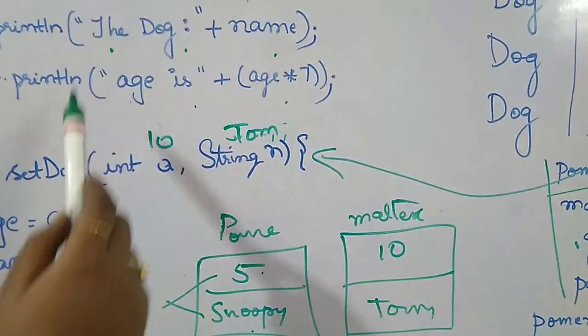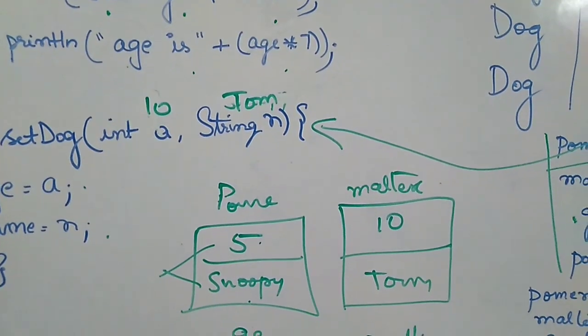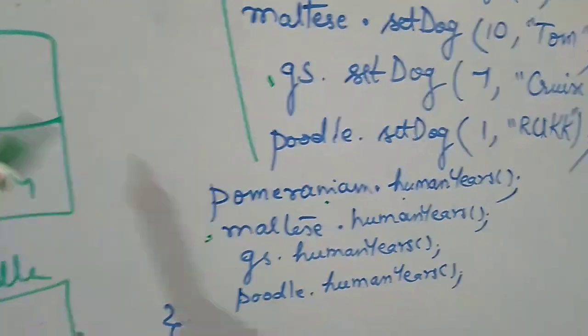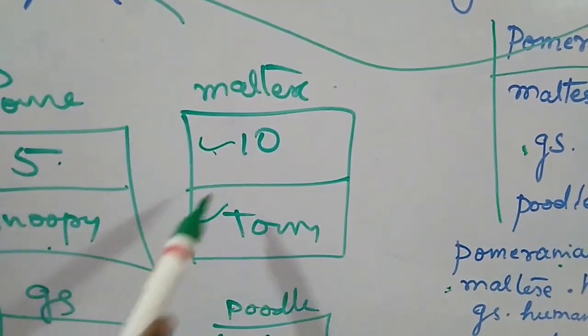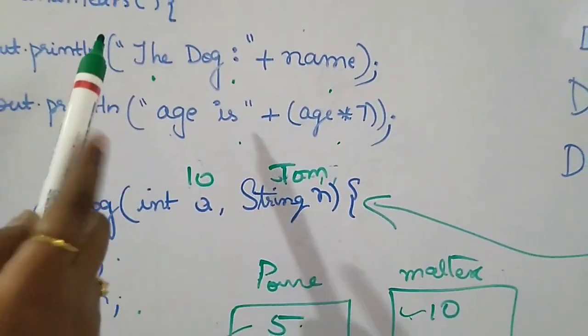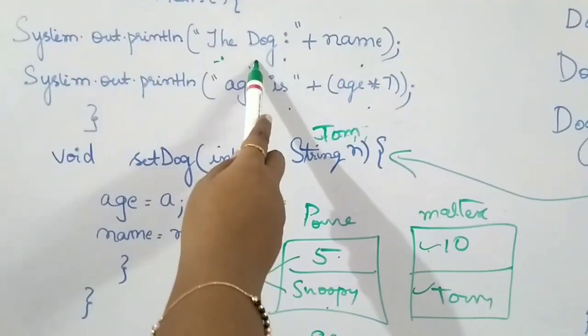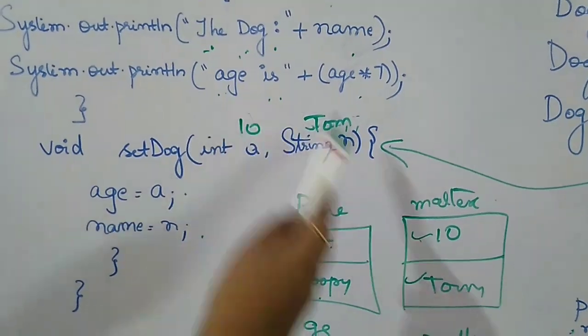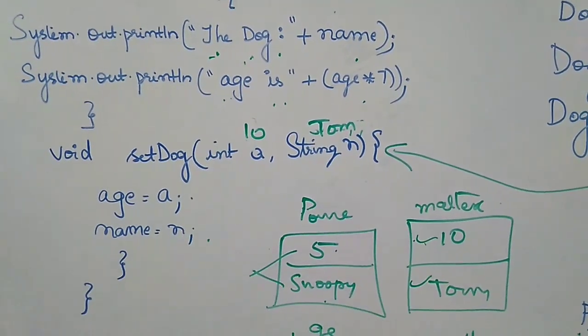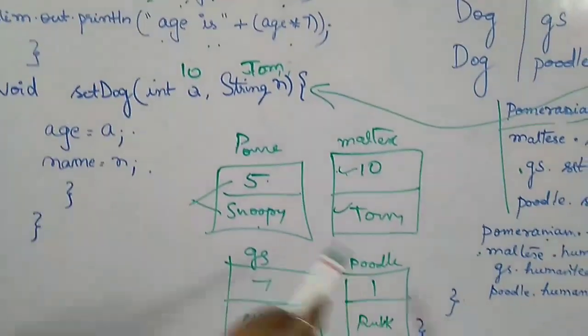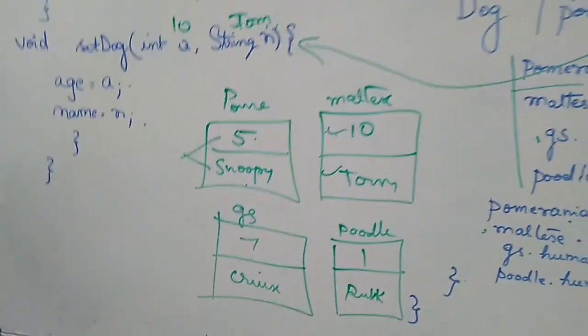Then we have called it on Maltese, so Maltese.humanYears. Now these 2 values will be taken into consideration, so it will say the dog Tom age is 10 into 7, which is 70. This is how the values will be printed on the screen.